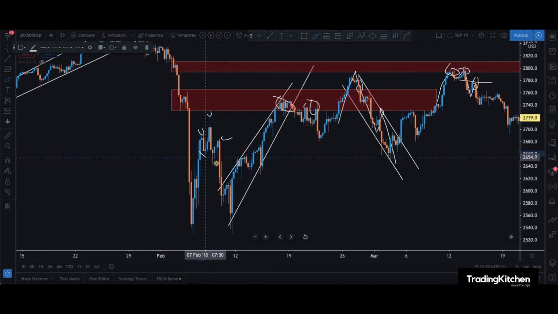This is a neckline, and price naturally goes down to test it and break it, and then the neckline became a support, and first it was resistance. Price broke it, goes down, turns support, and then up. This is a kind of movement that all the markets make every day, so nothing new.